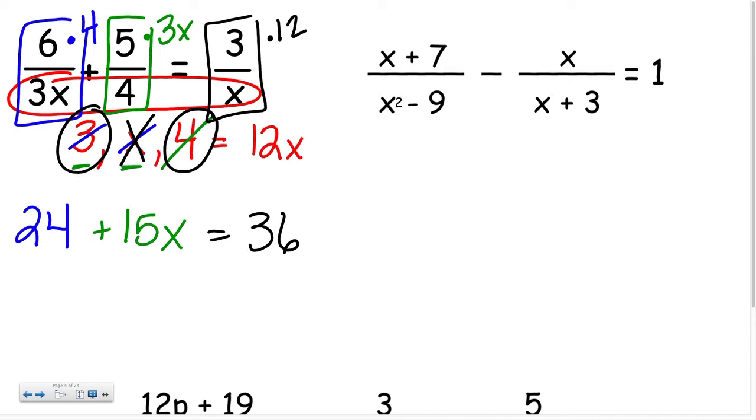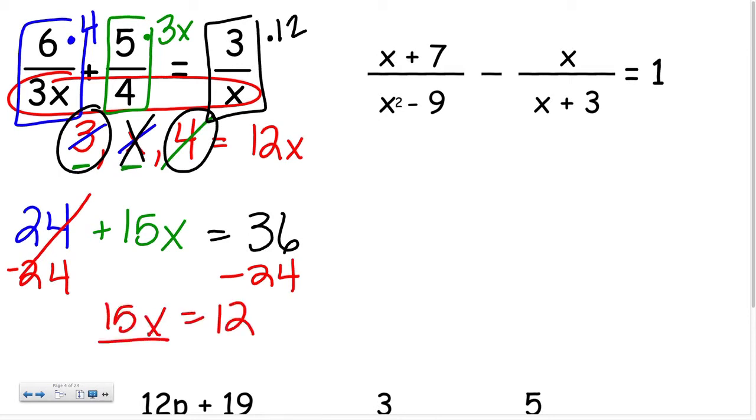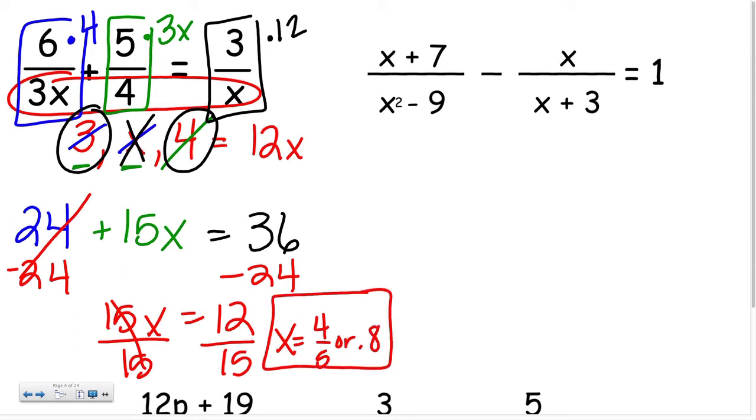So now I'm going to just solve. If you're unsure about your answer, you can always take what you solved for and plug it in to see if it works or not.